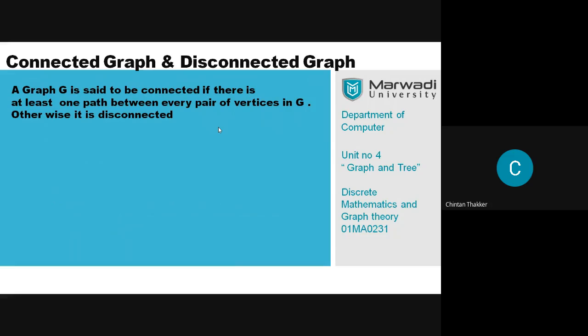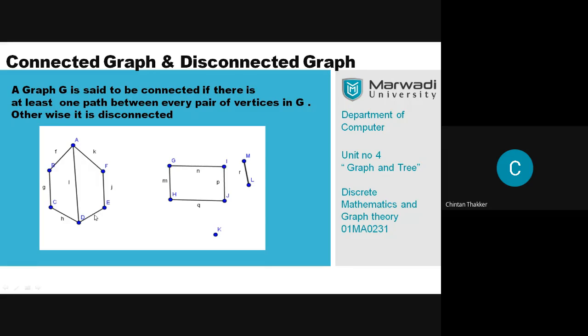Now we have connected graph and disconnected graph. So what is a connected graph and what is a disconnected graph? A graph is said to be connected if there is at least one path between every pair of vertices in G. If there exist two vertices in a graph G such that there is no path between them, then that graph is called disconnected.